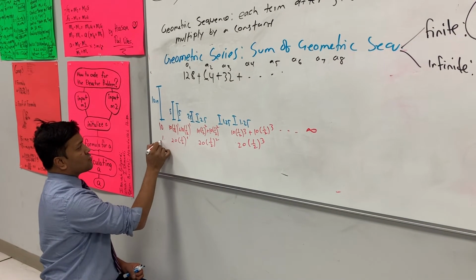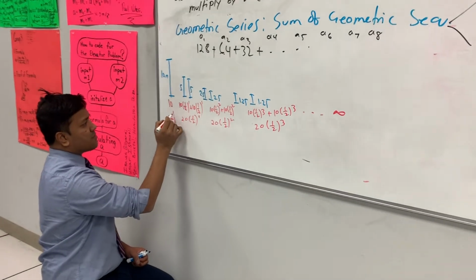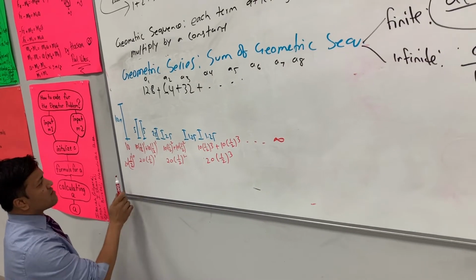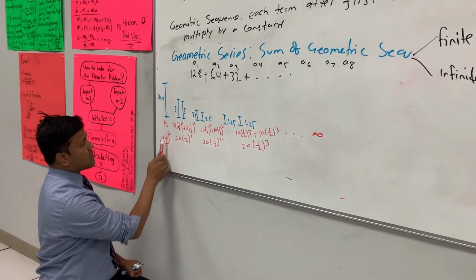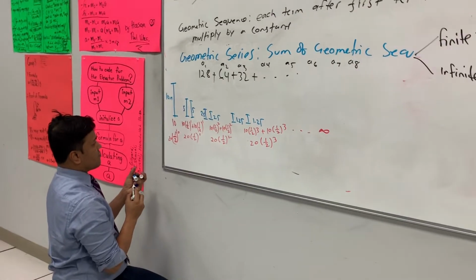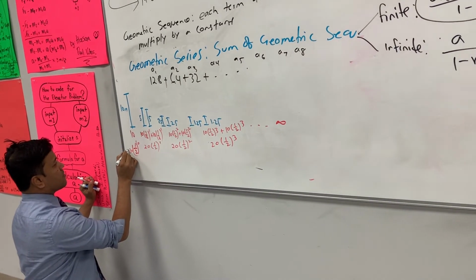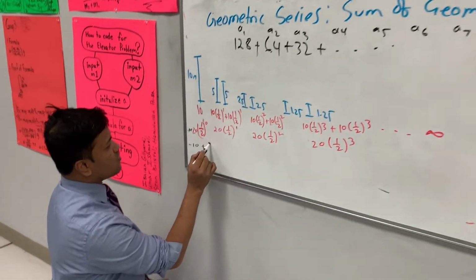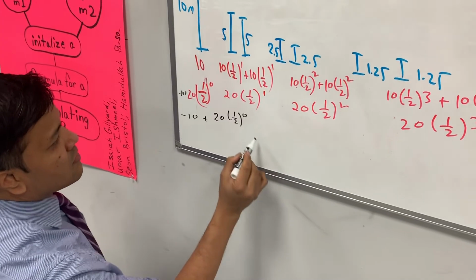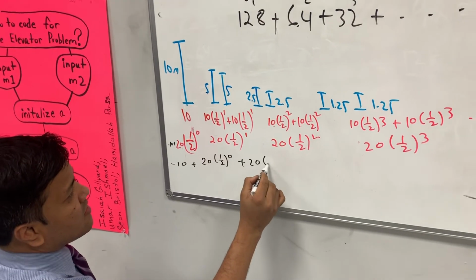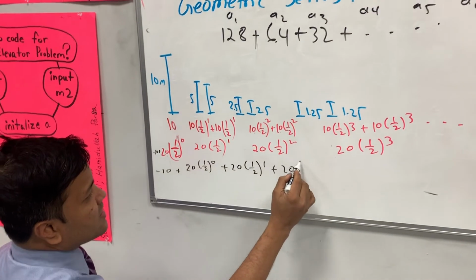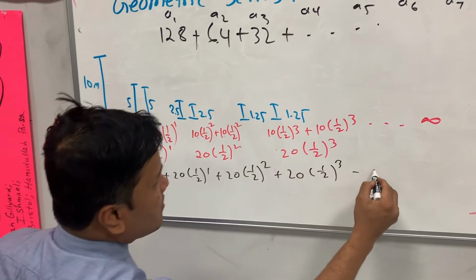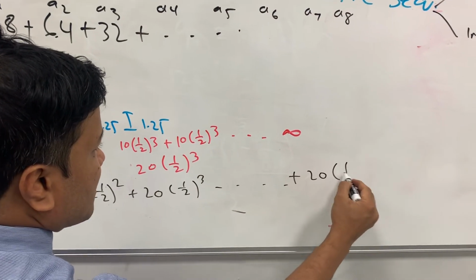So if we put half to the power 0, this is 1, then we write 20, and this becomes 20, but we have 10, so I'm going to subtract 10. Negative 10 plus 20 half 0 plus 20 half 1 plus 20 half 2 plus 20 half 3 plus 20 half n.